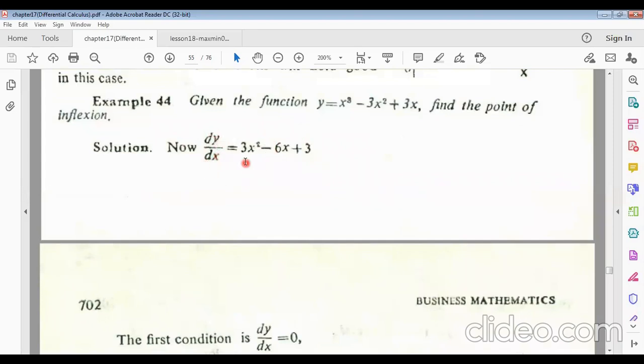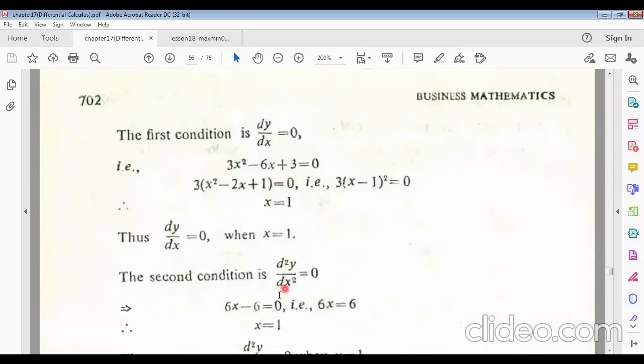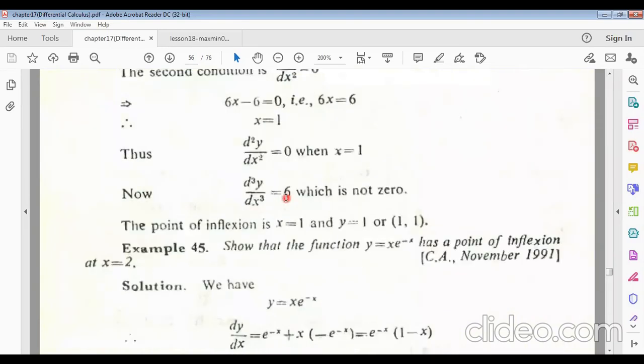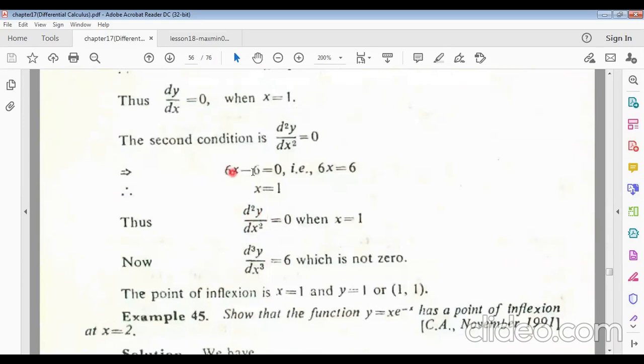So d²y/dx²: the differentiation of x squared is 2x, that means we get 6x. The differentiation of 6x is 6, so only minus 6, and 3 will be 0. So the second derivative will be 6x minus 6. Taking the second derivative equal to 0, we get x equals 1. So the second derivative is 0 when x is 1.